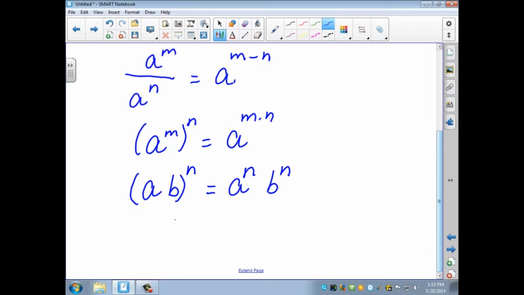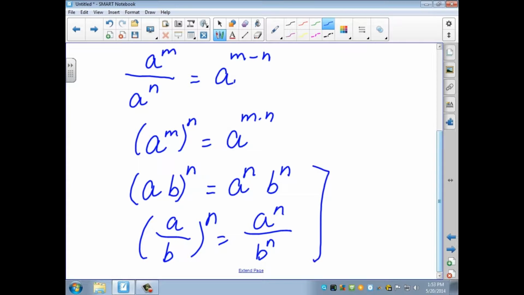Also, if you had a division, which is a divided by b to the n power, you can have that separated as a to the n divided by b to the n. Again, you can only do this when you have multiplication and division. If instead of multiplication it was plus or minus, you could not separate them under their own power.